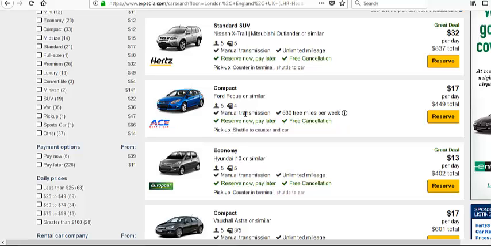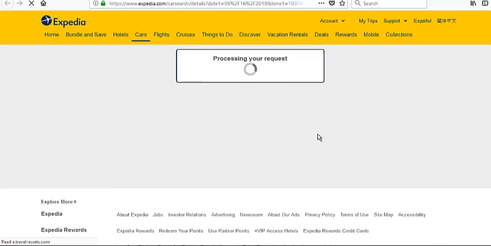Standards are much more standard over there than here. 650 free miles per week, so that's pretty good. I'm not actually going to reserve. I'm just going to click the reserve button to see what it says.